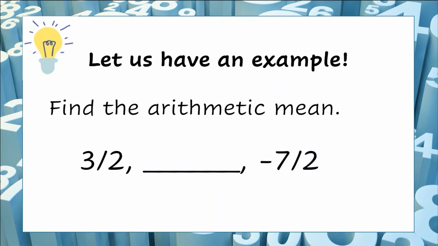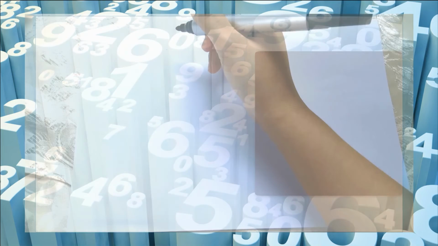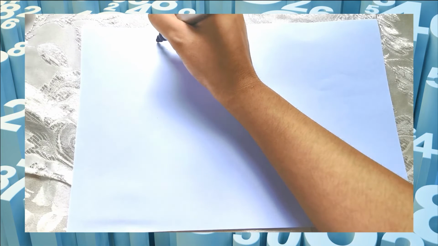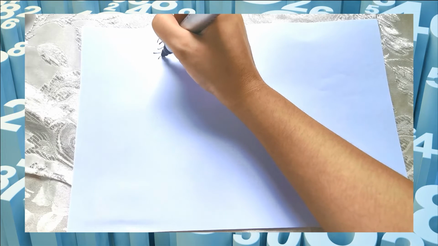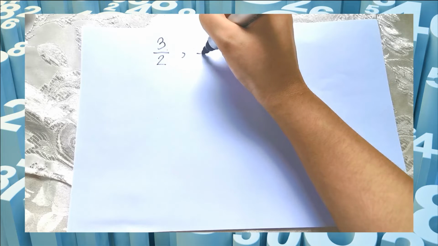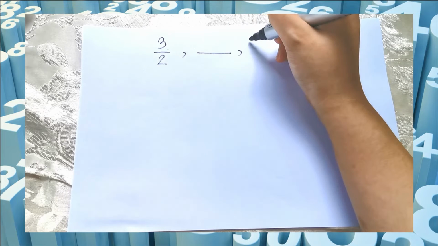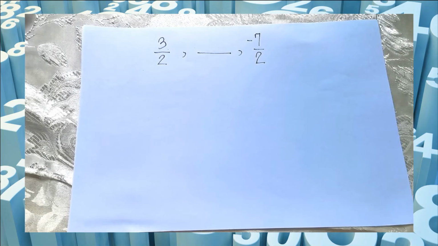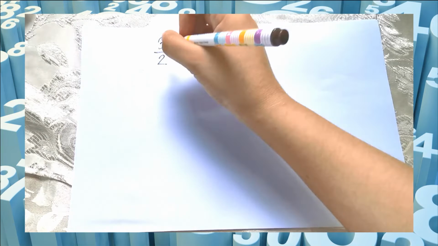Next example, we have find the arithmetic mean between 3 halves and -7 halves. For our solution, first, we are going to determine the given.